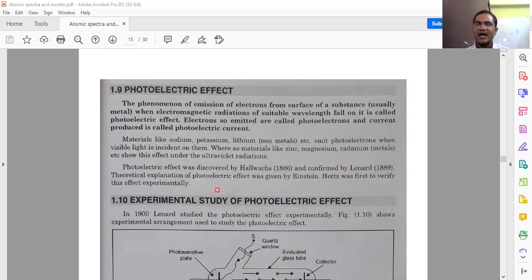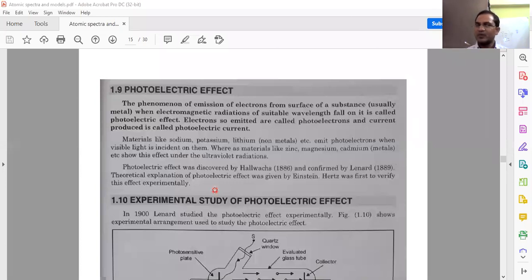Einstein explained the photoelectric effect using Planck's quantum theory and derived the equation, which is called Einstein's photoelectric equation. So the theoretical explanation was given by Einstein, and experimentally it was first verified by Hertz.